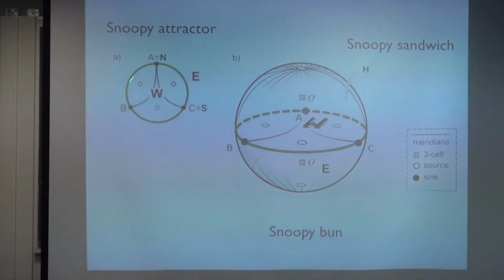And here's an example. This is a disk which has three faces, two-dimensionally unstable equilibria in the centers, three attracting equilibria, and I call this the Snoopy Attractor because it looks like, you know, the two eyes and the snout and the ears and so on. So can you have Snoopy as a sandwich in this attractor business? In other words, what is a sandwich?